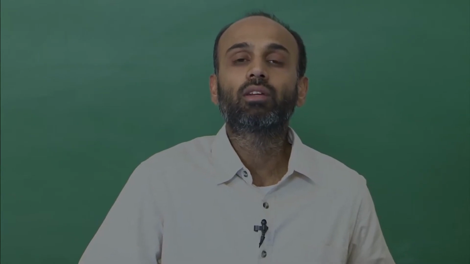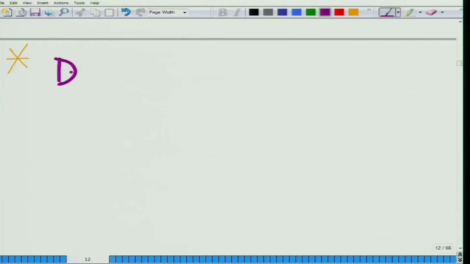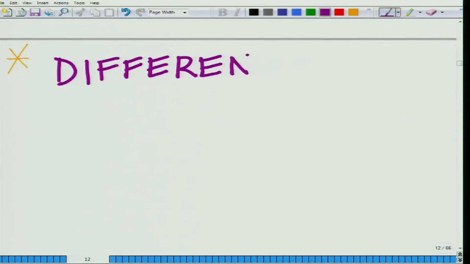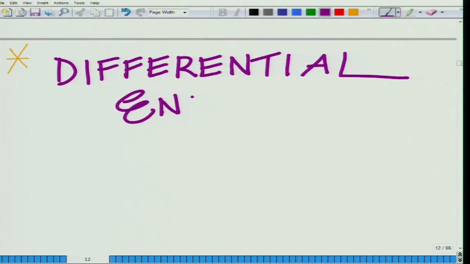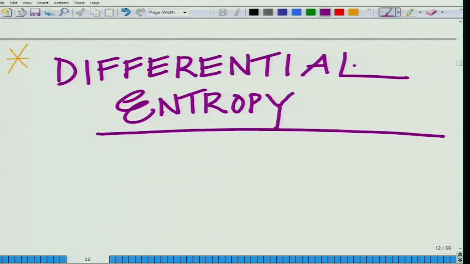In this module, let us start looking at a different concept, and that is the concept of differential entropy.